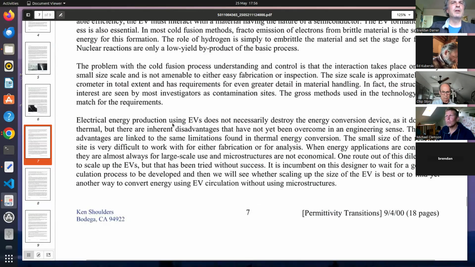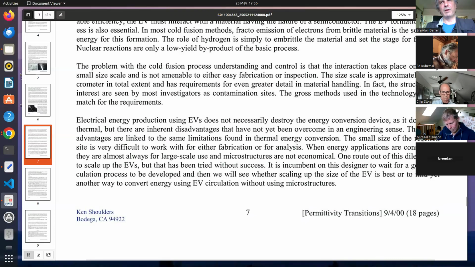Electrical energy production using EVs does not necessarily destroy the energy conversion device as it does with thermal, but there are inherent disadvantages that have not been overcome in the engineering sense. These disadvantages are linked to the same limitations found in thermal energy conversion.